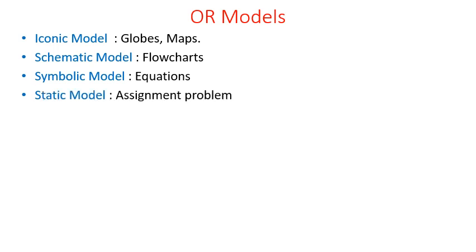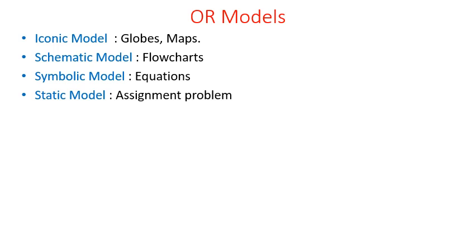Static model. It represents a system at a specified time and does not take into account the changes over a period of time. It represents a system at a specific time. It does not take into account the changes over a period of time. That's why it's called static, not dependent on changing times.